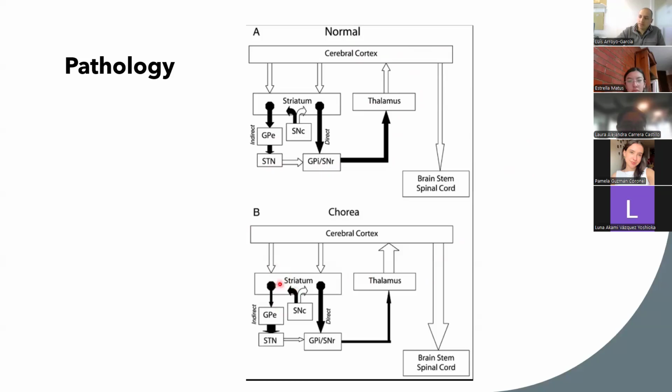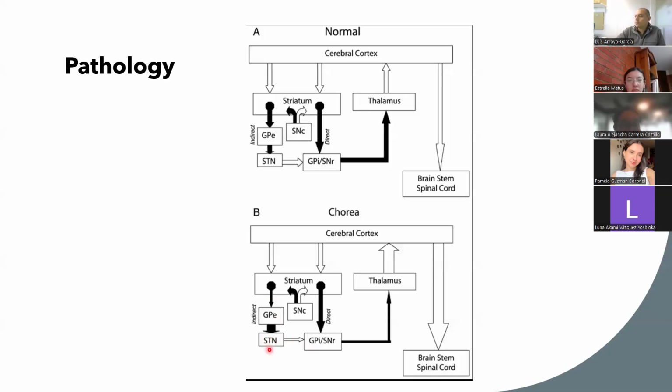In this case, if these neurons are dying, we have less inhibition, right? If we have less inhibition, then these cells will excite more the subthalamic nuclei.